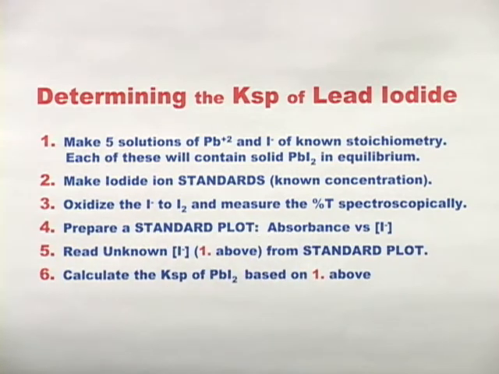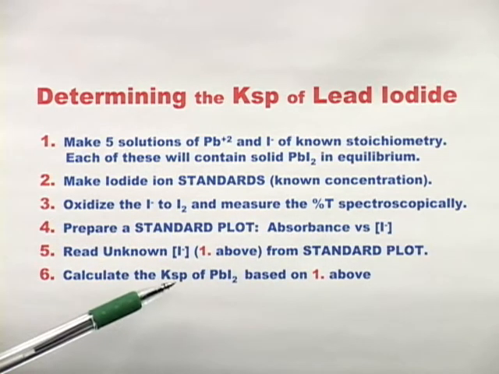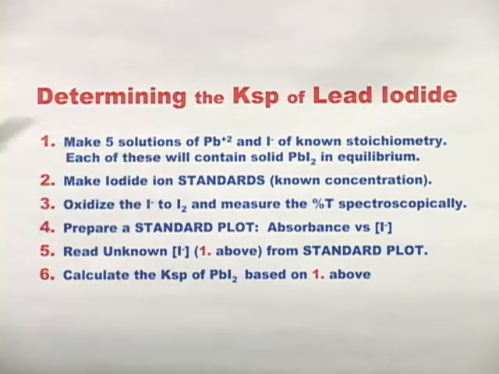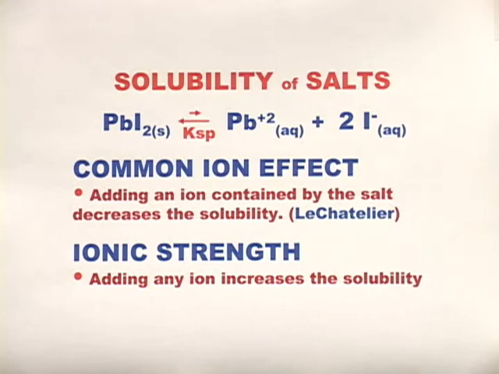Finally, you will calculate the KSP of lead iodide in the 5 solutions made in step 1. Now remember, all of these KSPs should be the same, and they will vary only by experimental error, and they should vary only slightly.